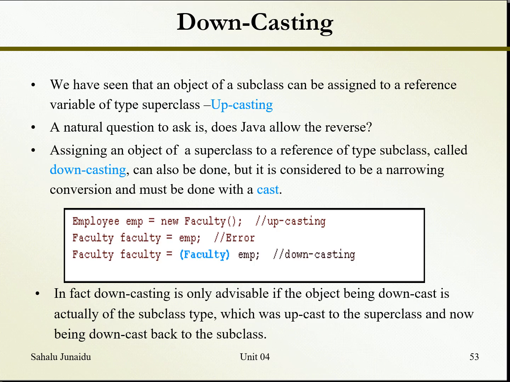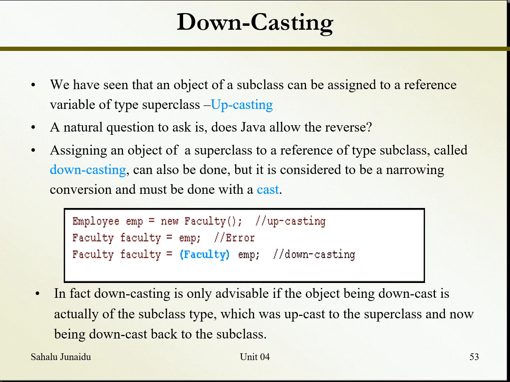And then, is it possible to now come here and say, okay, this employee is of type faculty? This will lead to an error, because if we have converted an object of type subclass to an object of type superclass, to reverse, it's not just possible to take this object and assign it to a faculty.